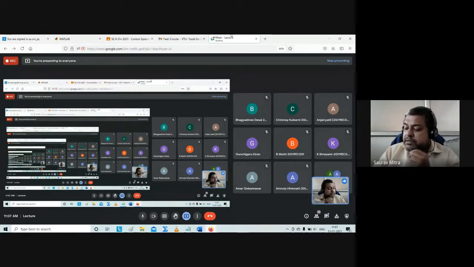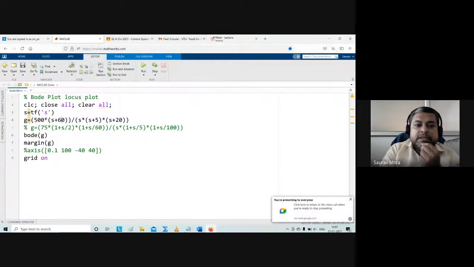So this is 5 into 60, that is 300. So you'll be finding a net gain of 300 at the numerator, because our function is 500 into s plus 60 divided by s into s plus 5 into s plus 20, like this.